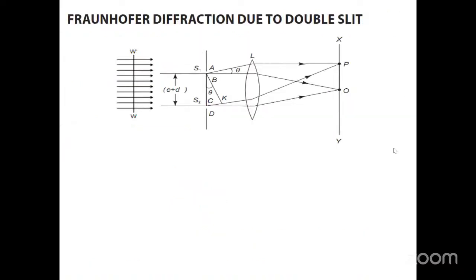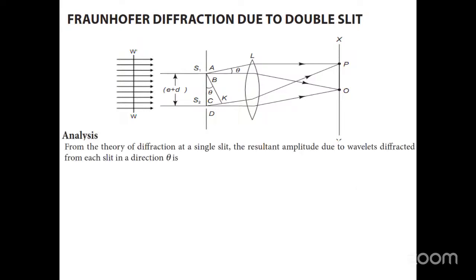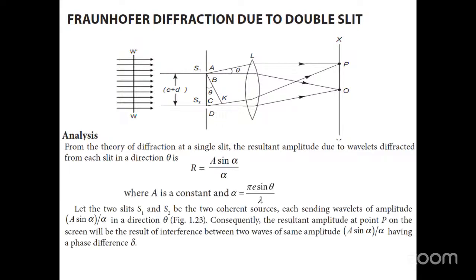This is the double slit. Two slits are there, S1 and S2. W W dash is the wavefront here. The separation is small e, and we can find the intensity at a point P due to the double slit.